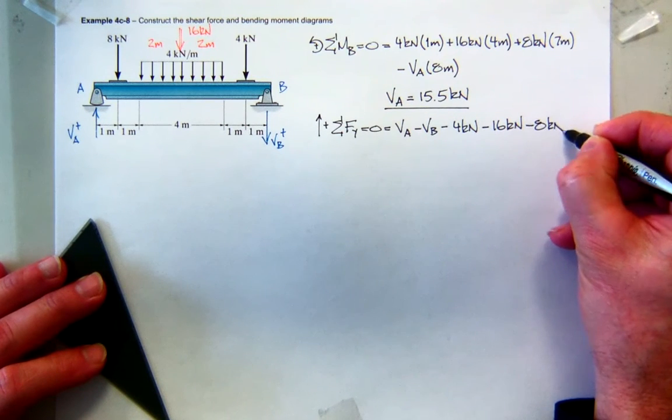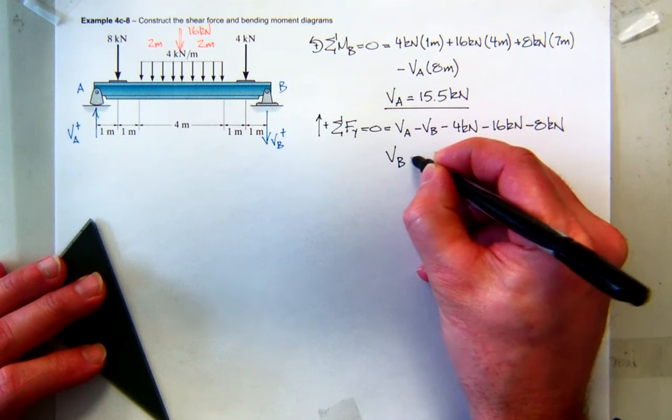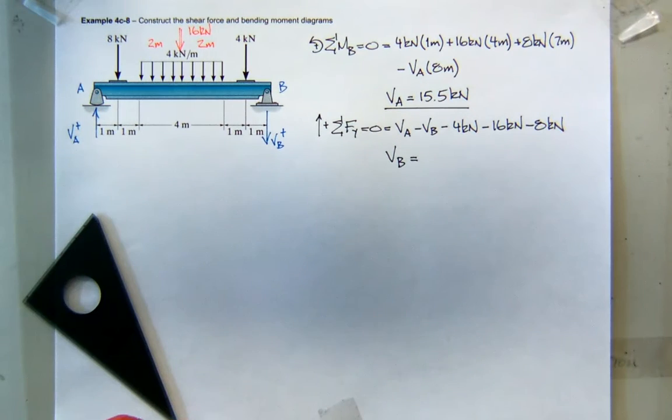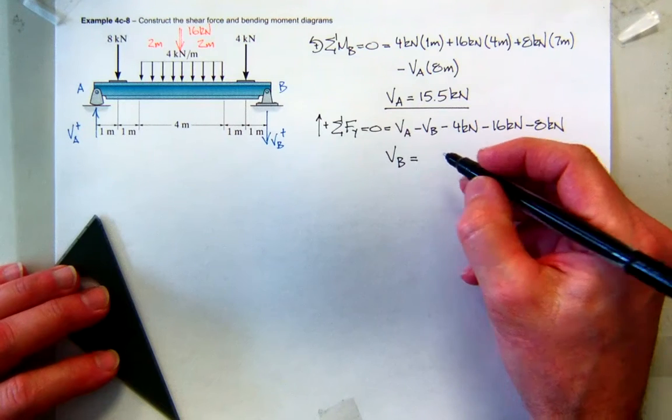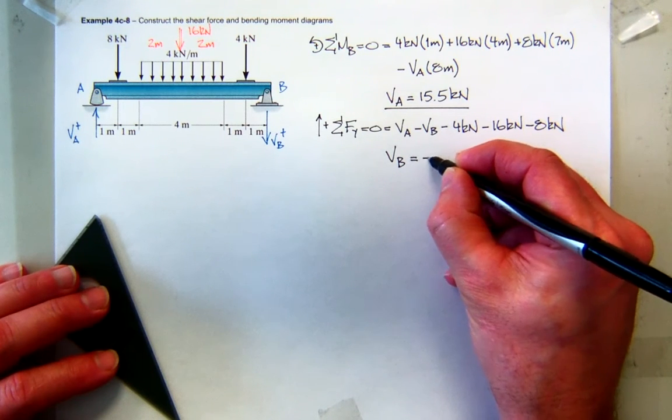I'm saying kips, but I meant kilonewtons. So I should be able to solve for the shear at B. What is that, 11.5? No, 12.5? Yeah. And it should be negative. Is that right? Yes, sir.